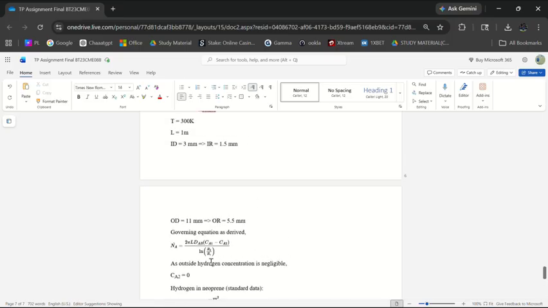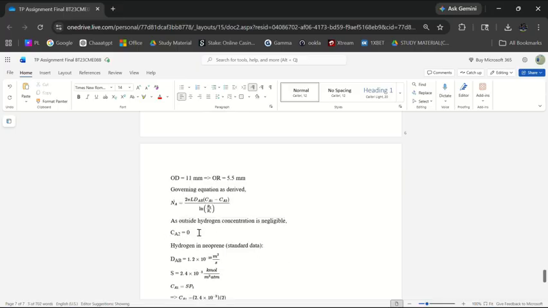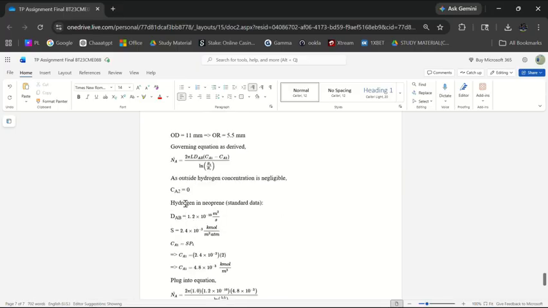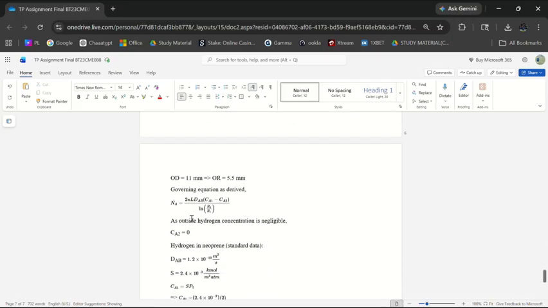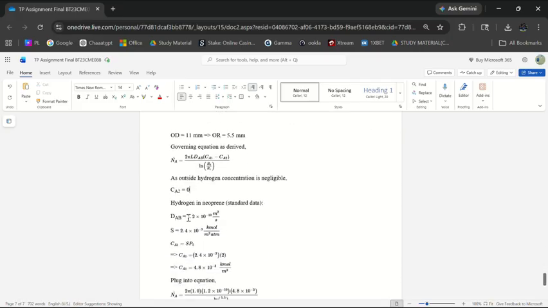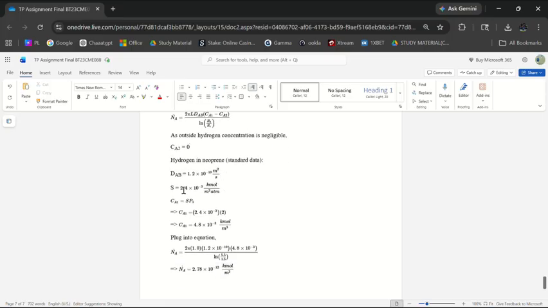We are assuming the concentration of hydrogen outside to be negligible, which means Ca2 will be 0. For hydrogen in neoprene, the data for diffusivity and solubility is standard data at 300 Kelvin. Diffusivity comes out to be 1.2 into 10 power minus 10 and solubility is 2.4 into 10 power minus 3.